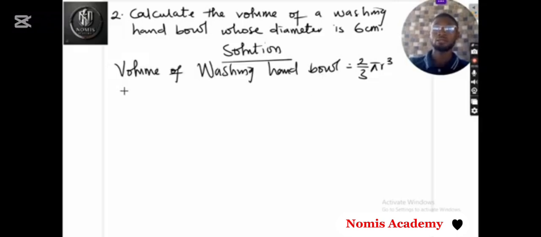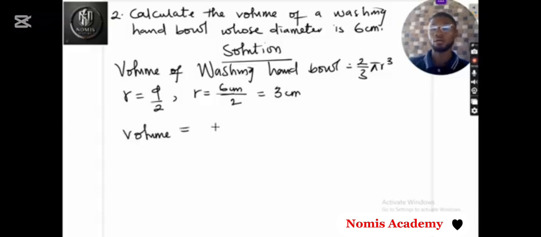We are given diameter. So remember, r is equals to diameter divided by 2. So since r is not known and diameter is known, diameter 6 centimeter divided by 2 is equal to 3 centimeter. So to calculate the volume then, the volume now is equal to 2 over 3 multiplied by 22 over 7 multiplied by the radius, which is 3 centimeter.